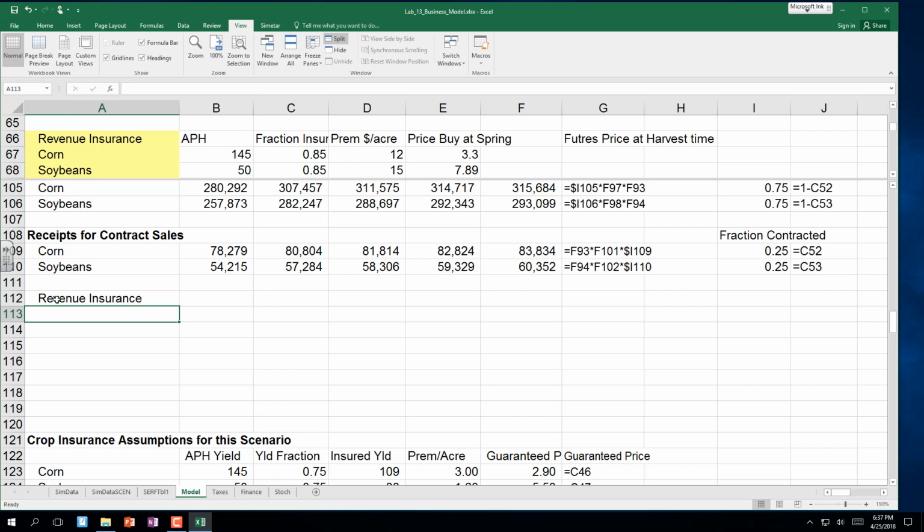And I'm going to just bring in two numbers. I need the total receipts for corn, and I need the total receipts for soybeans.